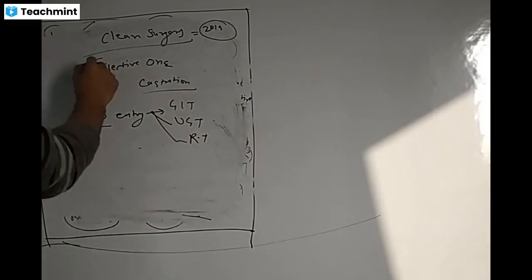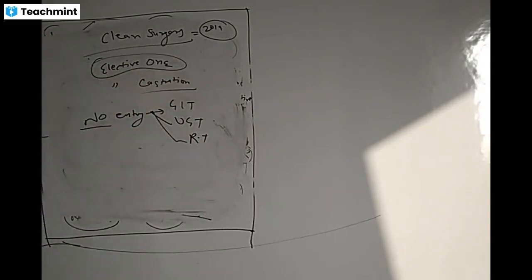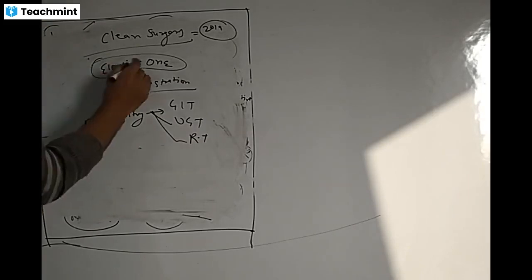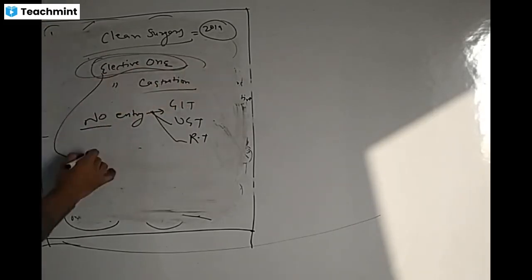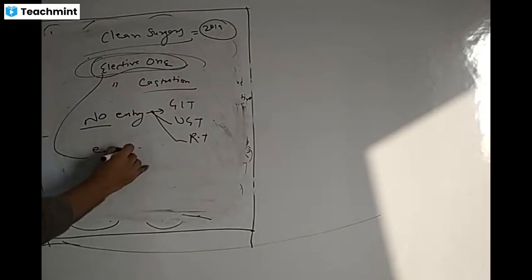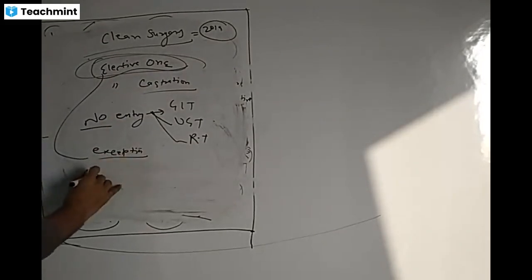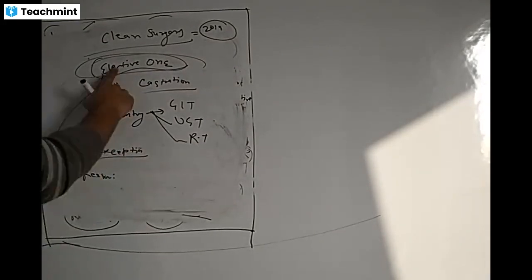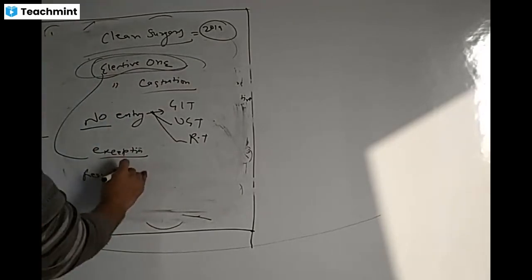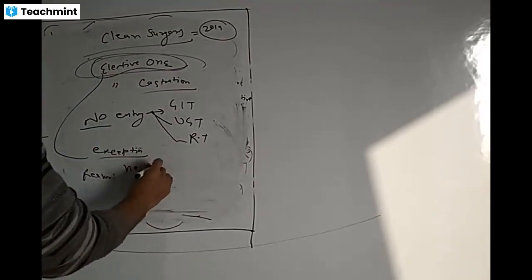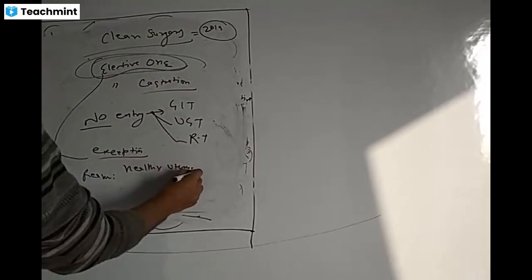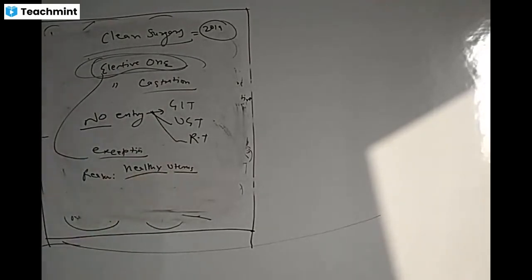But in case of elective OHE, we enter into the abdominal cavity, and we remove the uterus. Then this elective OHE is the exception. The reason for this exception is, in case of elective OHE, there is a healthy uterus. This is not a pyometra case.